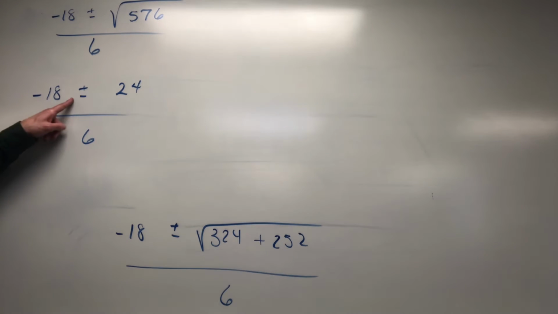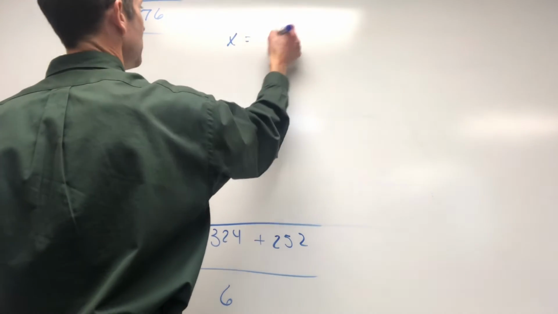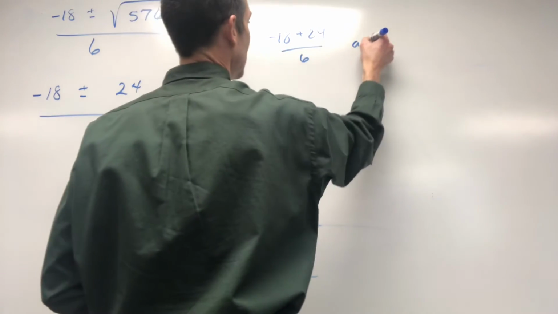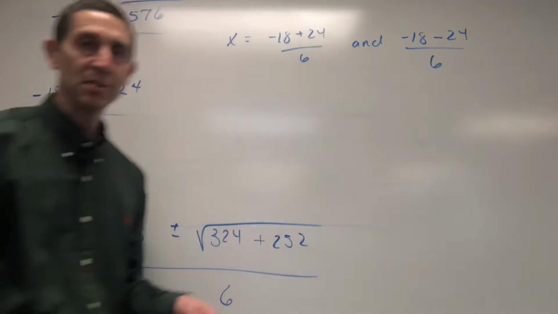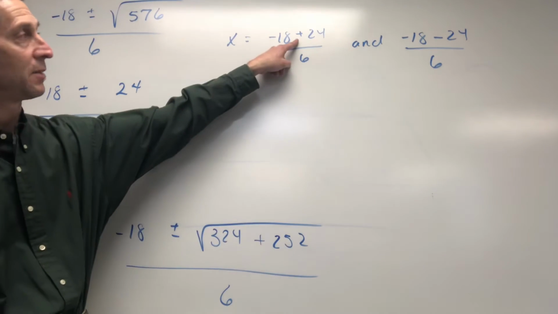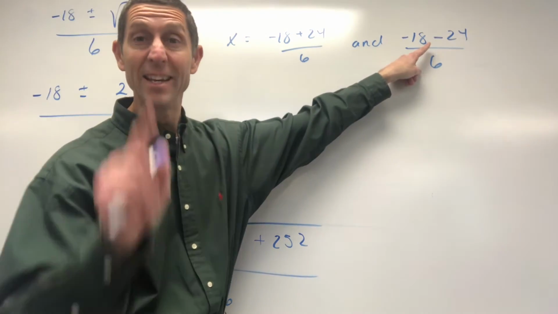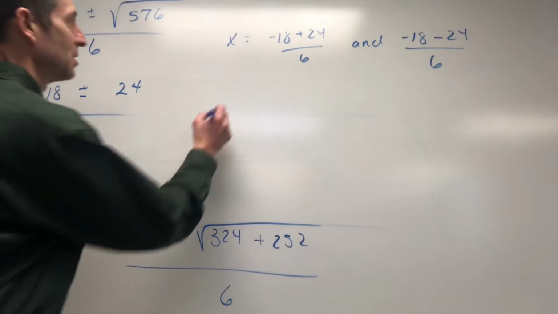All right, plus or minus means we're just going to split it. So x is going to equal negative 18 plus 24 over 6 and negative 18 minus 24 over 6. Then you got some cleaning up to do.